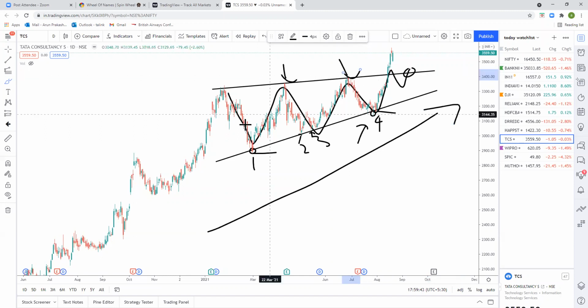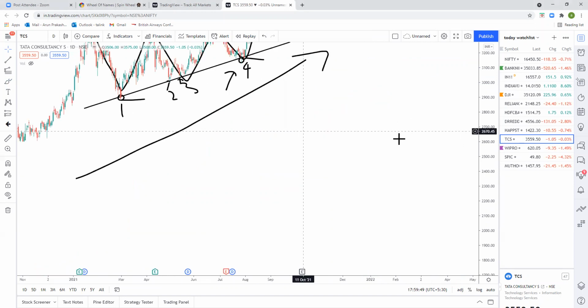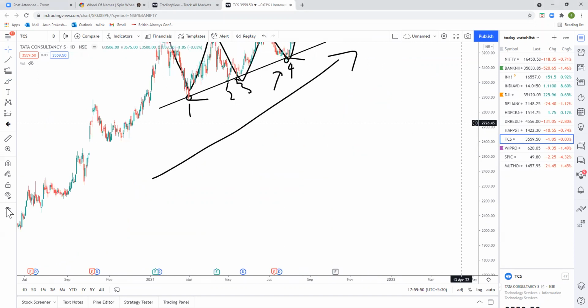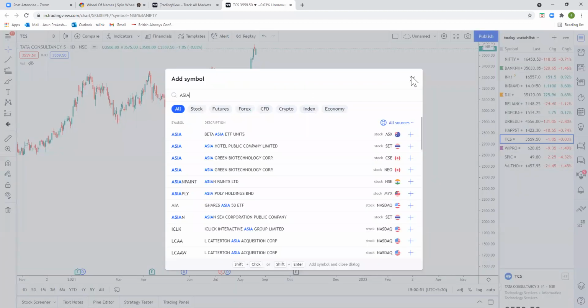Okay, sir. And so if we have a symmetrical triangle, should we wait for the previous swing to be broken, or just on the break of the trend line? Okay. Let me take some symmetrical triangles if I have something, and I'll explain you.